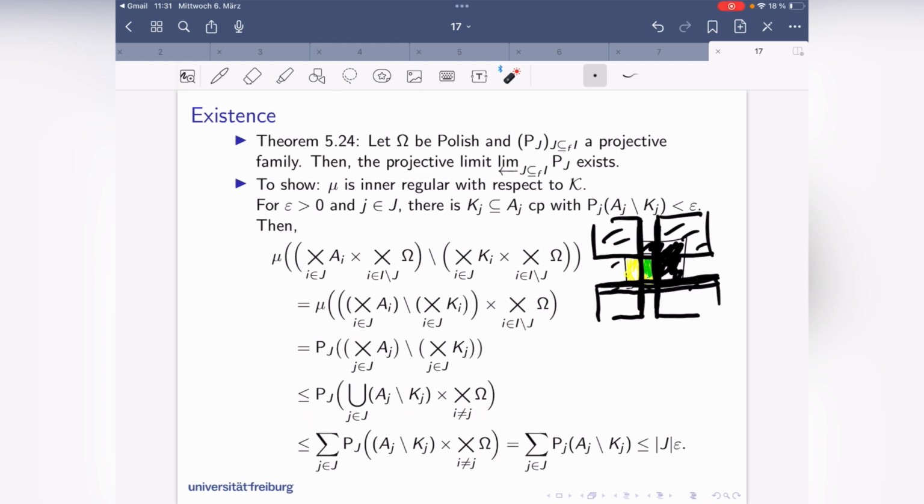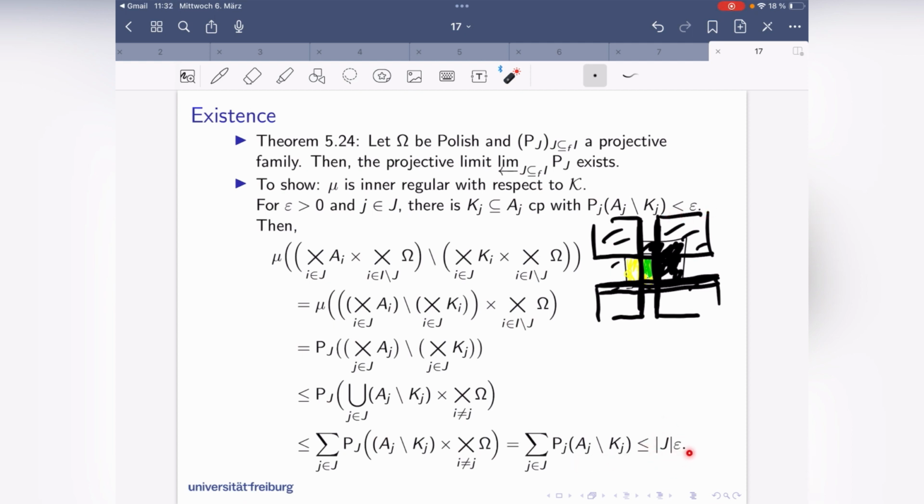And for all these here, I can again use the projective property. P of a union is less than or equal to a sum, like this here. And here I have again the projective property. We can exchange this by pj of Aj minus Kj. And we have that this here is at most epsilon.